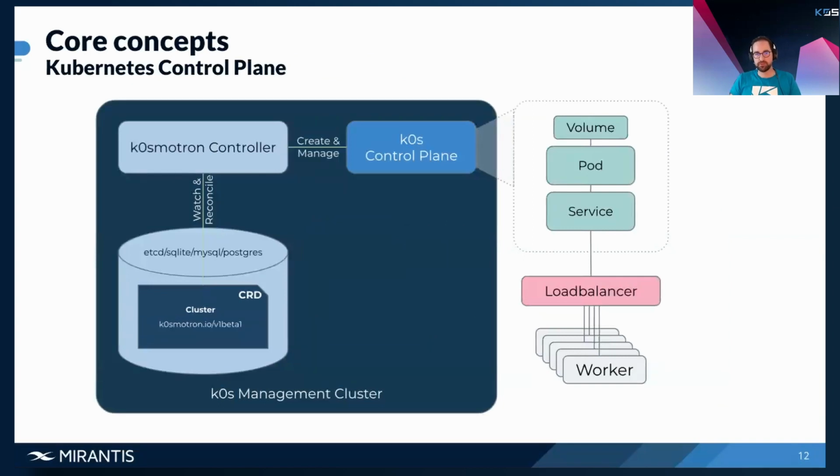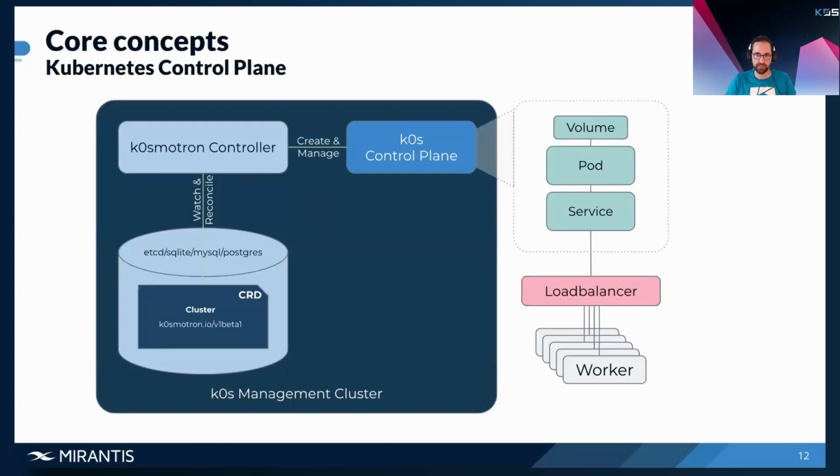If we look into a control plane on the right, you can see that we have a very simple way of creating control planes. That is because with k0s, we already have this capability of creating very small control planes, or small bundle everything in one small service.